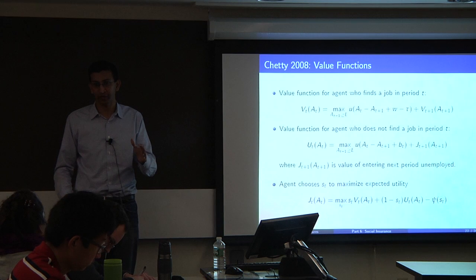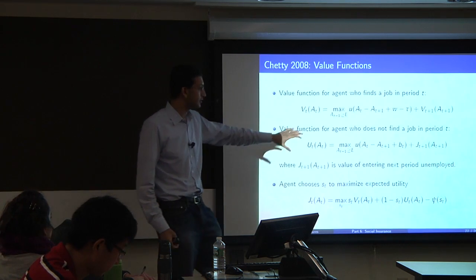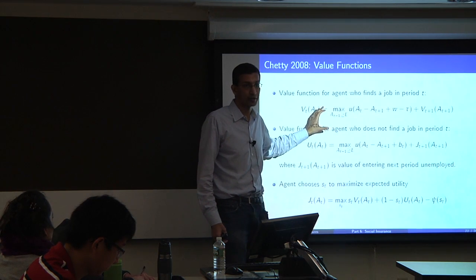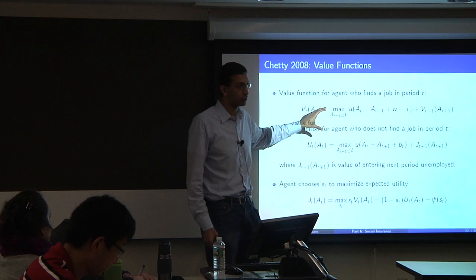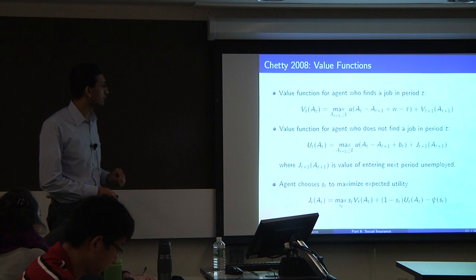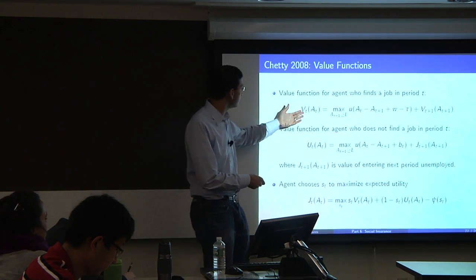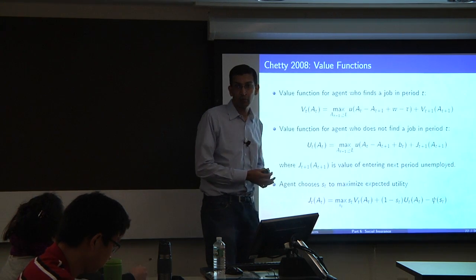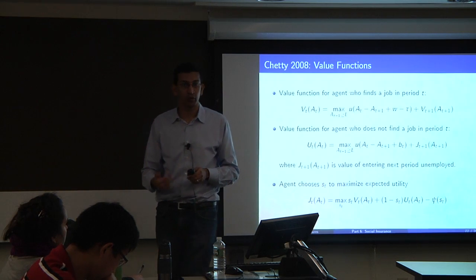It narrows the set of possibilities you have. That type of issue is ruled out by assumption in this model, right? The only thing that matters when you enter period T is the amount of assets you have, by the structure of the model. Okay, so think of V_T of A_T as basically being your indirect utility when you enter period T with assets of A_T.